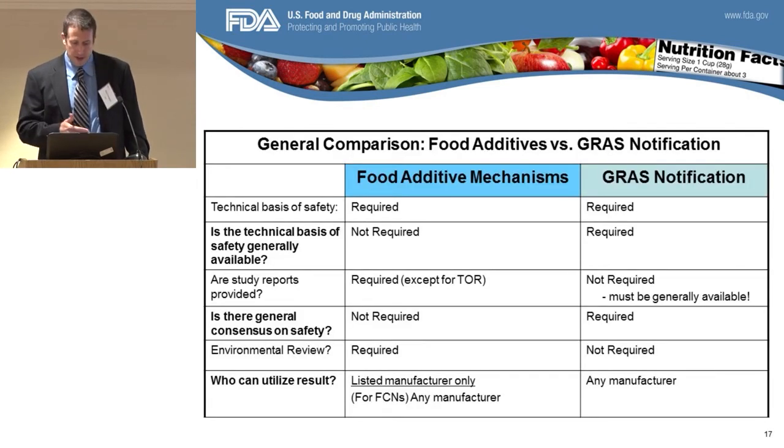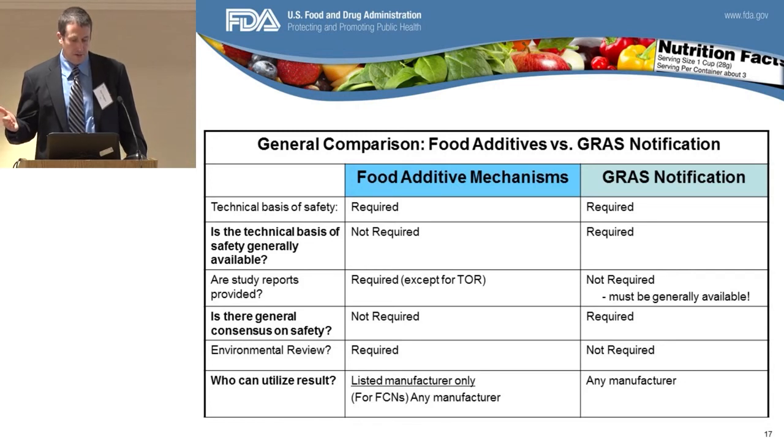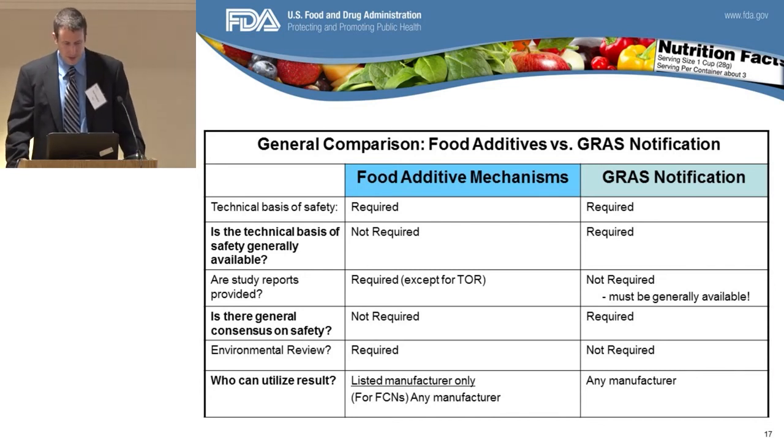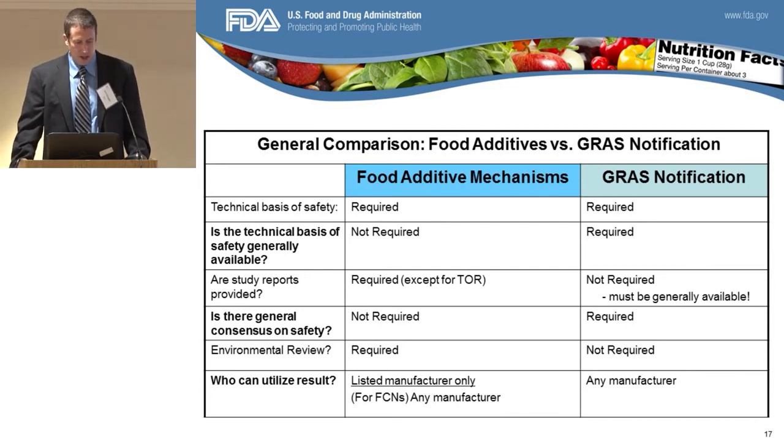Also, the difference between GRAS notification and food additive mechanisms. There are some differences. As I said before, the technical basis of safety has to be generally available for GRAS notification or for self-GRAS determination, not so for food additives. There has to be a general consensus on safety, a truly public general consensus on safety, for GRAS substances and for GRAS notifications, not so for food additives.